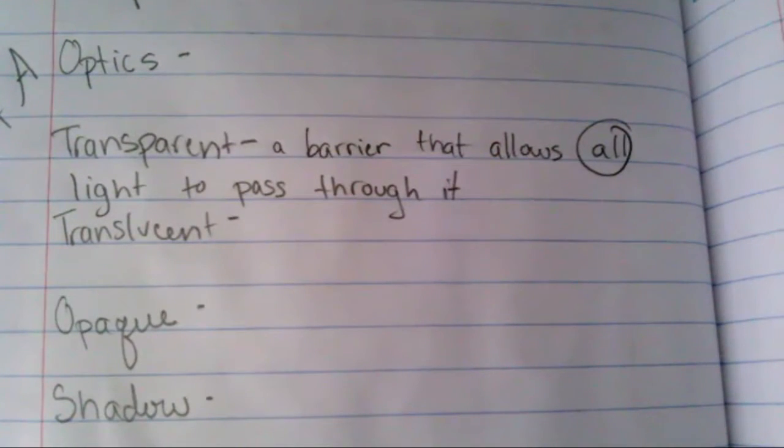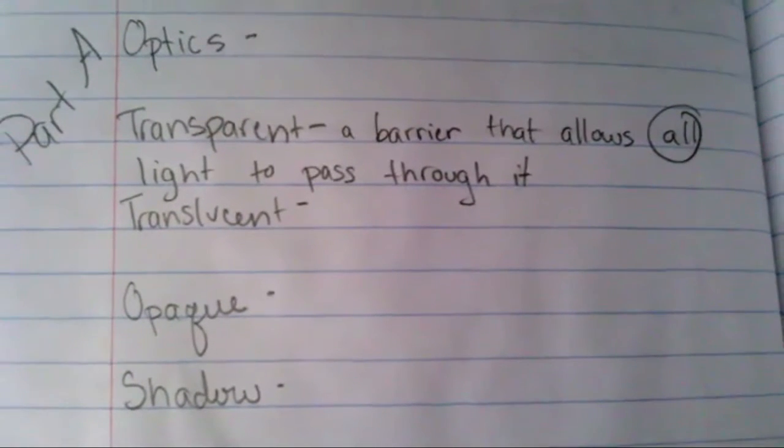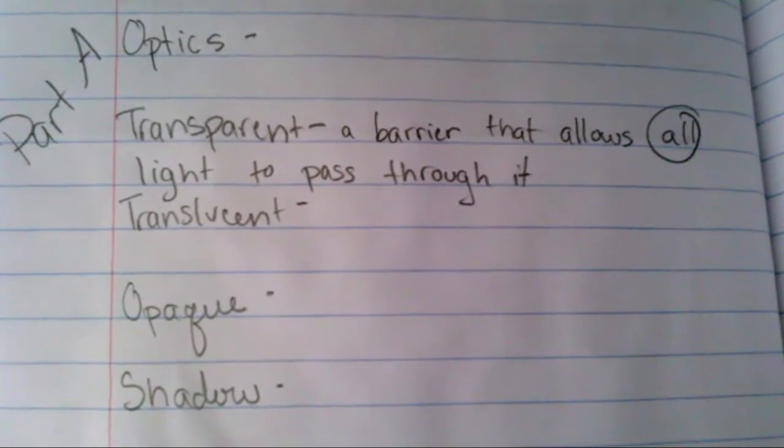Transparent is a barrier that allows all light to pass through it. Who wants to define another one for us? Emily, which one would you like to define for us?